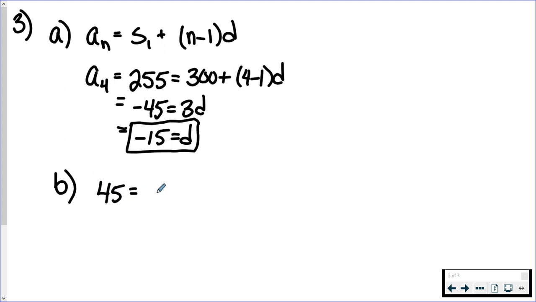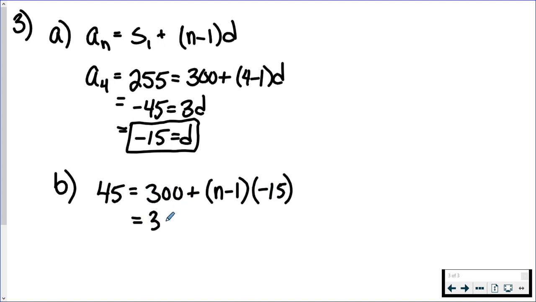So 45 is equal to a sub 1, which is 300, plus (n minus 1) times D, which we know is negative 15. So we distribute here, this is going to be negative 15n plus 15, right? So this will be 315 minus 15n.